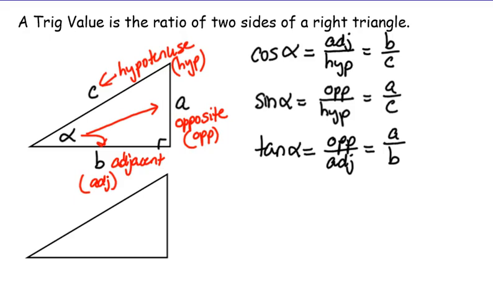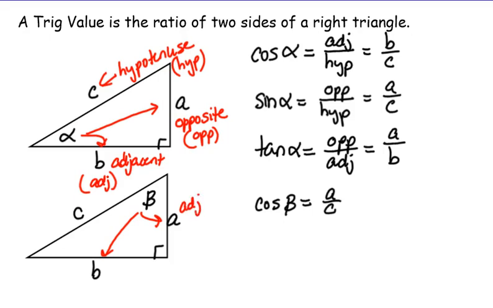If we looked at angle beta from our previous triangle, and the sides labeled the same way, notice that cosine of beta is going to be A over C, because its opposite side is B, its adjacent side is A, the hypotenuse is still C. So this is now the adjacent side in relation to angle beta, and this is the opposite side in relation to angle beta.